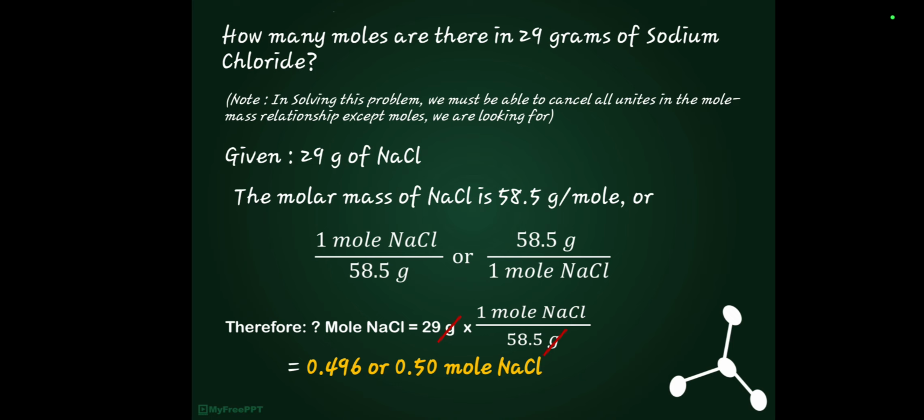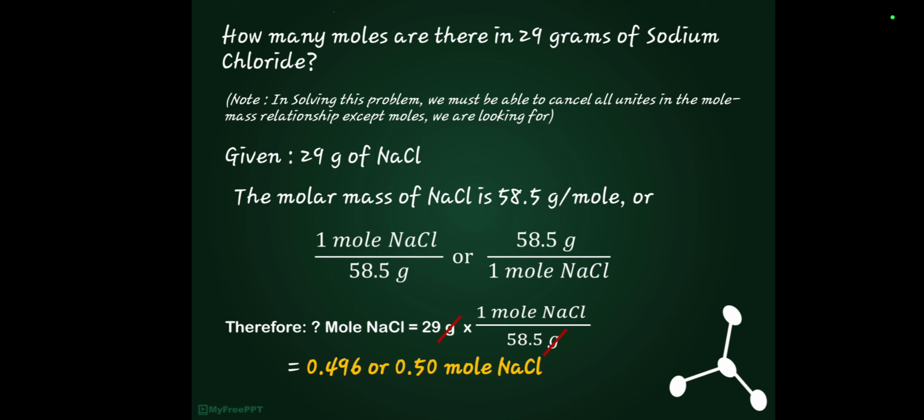So, cancel the units. We have the same unit here, gram. What you have to do is multiply first 29 times 1, which is 29. Then divide it by 58.5. So, 29 divided by 58.5 is equal to 0.496, or 0.50; we just round it off.